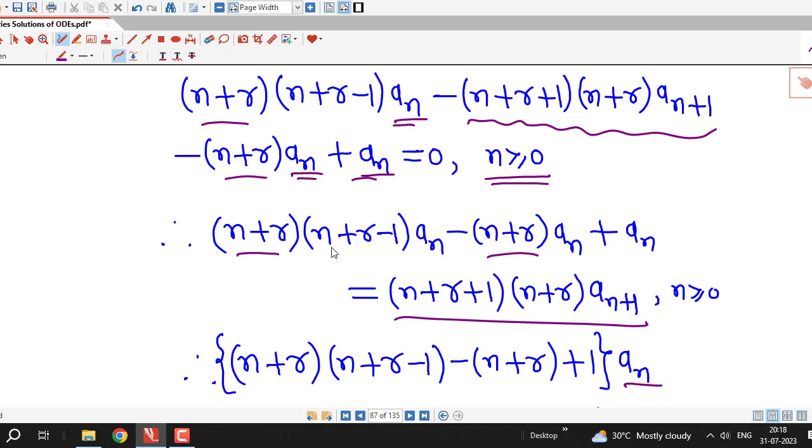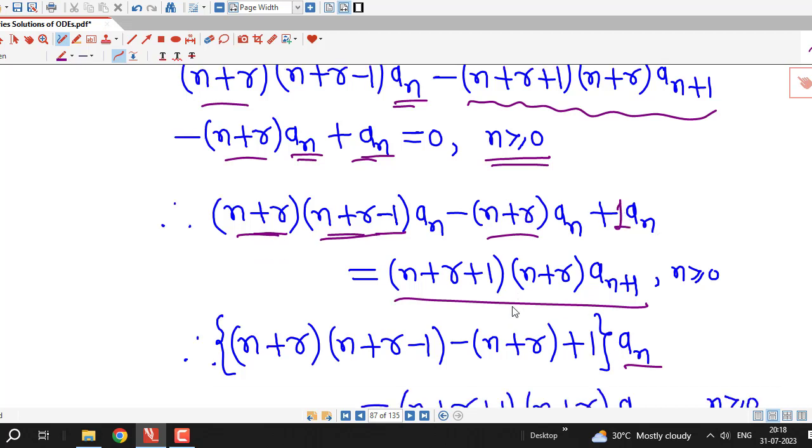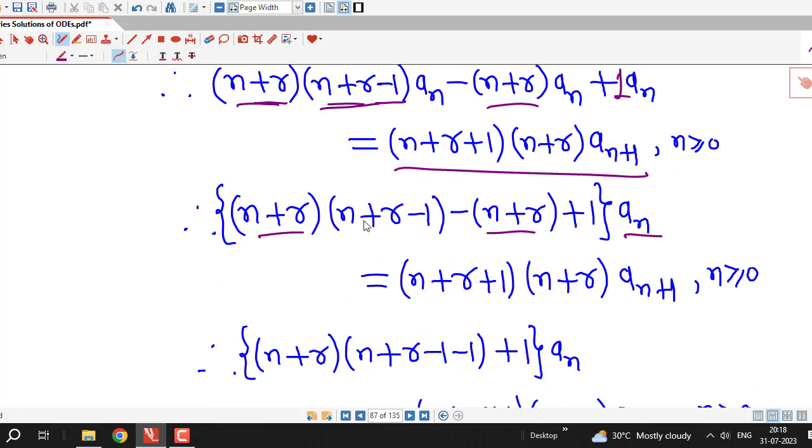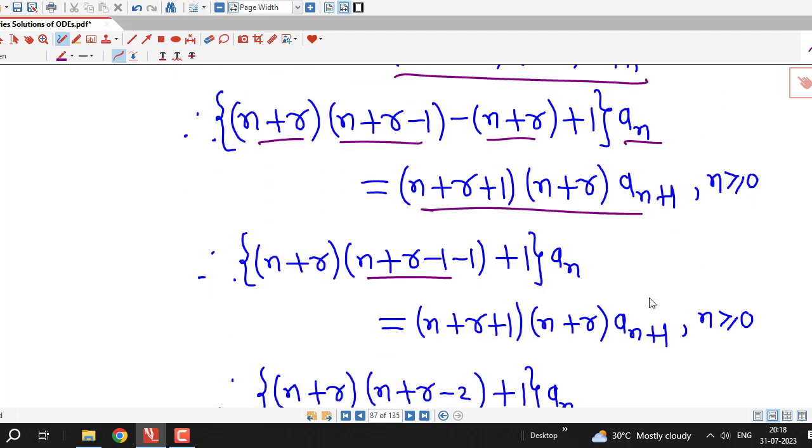From these two, n plus r common, or first I have taken an common only, so n plus r minus 1 minus n plus r plus 1 an equal to the right hand side. In the next step I have taken n plus r common, and I have n plus r minus 1 here, and here I have minus 1 plus 1 an equal to this quantity as it is.